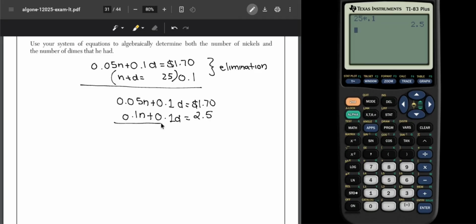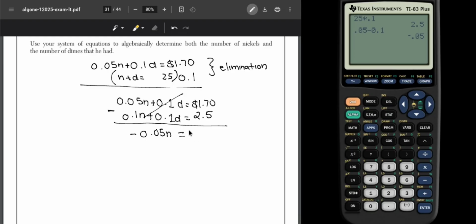Now, as I said, I must eliminate d. So in order to eliminate d, I need to subtract. So 0.05n minus 0.1n, so do it on your calculator to make sure that you do it correctly, is going to give me negative 0.05n. 0.1d minus 0.1d just cancels out, so that's 0.